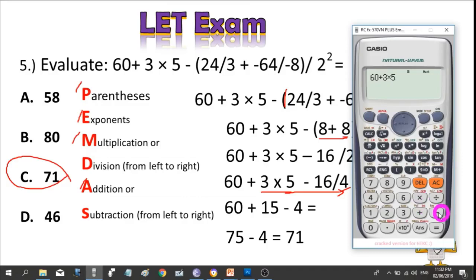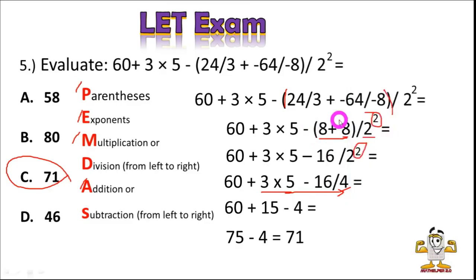So, minus parentheses 24 divide 3 plus negative 64 divided by negative 8, then parentheses, divided by 2 squared. So, equals. So, the same answer, which is 71.